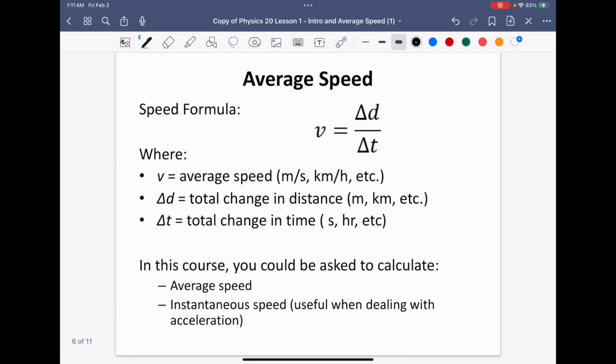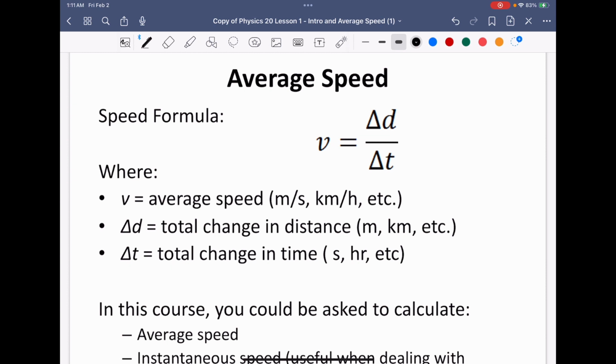Now on the next slide, we see that put together in a formula. The only thing that's different from your formula sheet is that we see speed average and velocity average. But for now, we're going to call it speed average equals the total change in distance over the total change in time. One thing I really want us to look at here is that we're going to consider these to be our standard units.